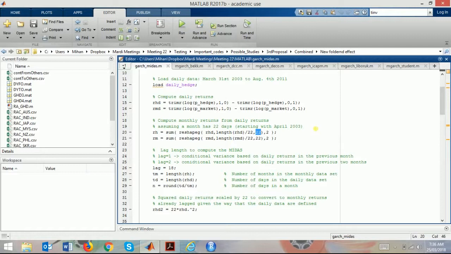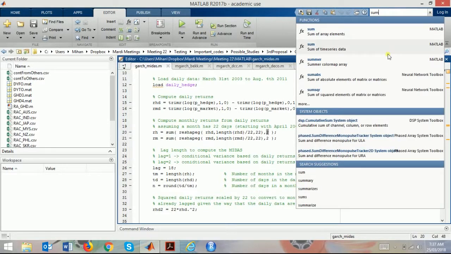The data contains 22 days of hedge fund daily returns. The summation is over the second dimension, which means sum them up by columns. You need to be sure. Let's have a look. So sum all the columns up.